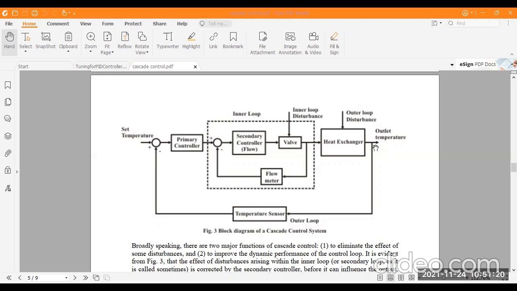So the desired temperature is the same as the setting of the temperature, then the output comes from here. So this is basically one block diagram of the cascade control system. Okay, is it clear to all of you? Yes, sir.